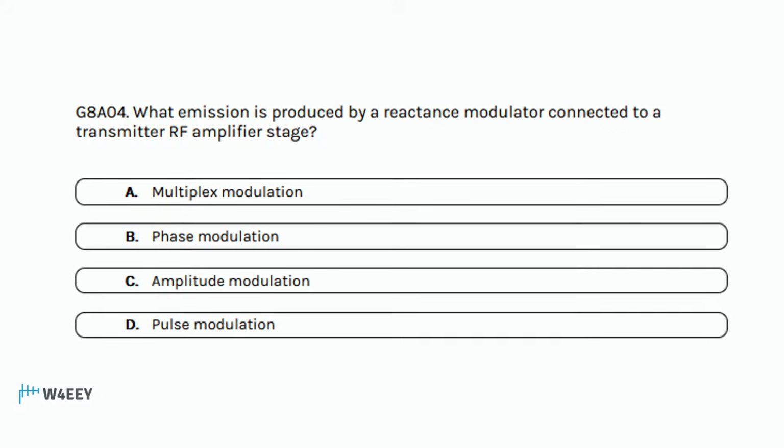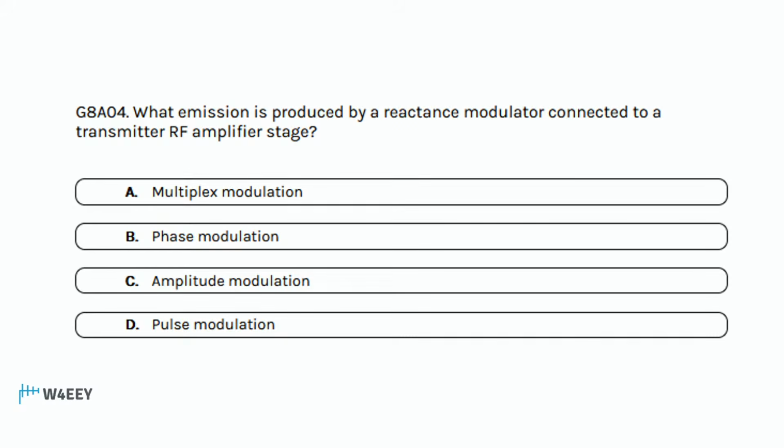All right. So, what emission is produced by a reactance modulator? Let me back up. What emission is produced by a reactance modulator connected to a transmitter RF amplifier stage? Let me phrase it another way. It's not connected to an oscillator.